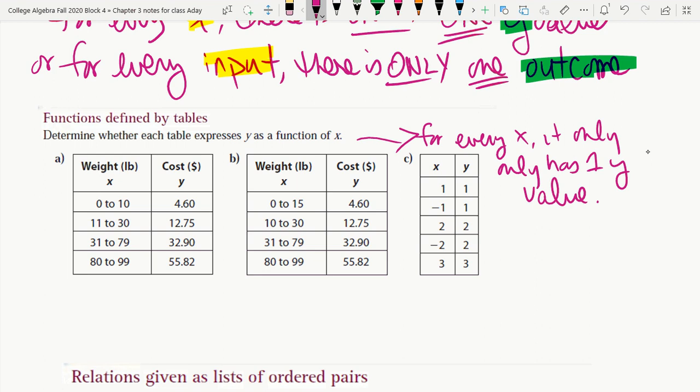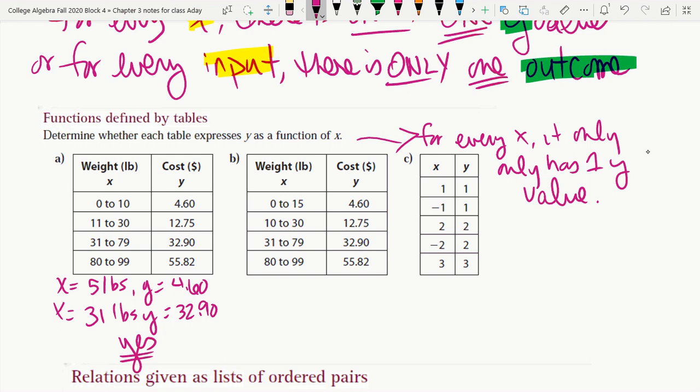So if I say x equals 5 pounds, my y is only $4.60. If I say x equals, let's say, 31 pounds, my y is $32.90. So no matter what I put in for x, I only get one outcome. So this is a yes.